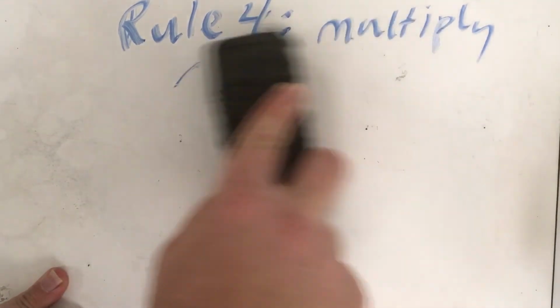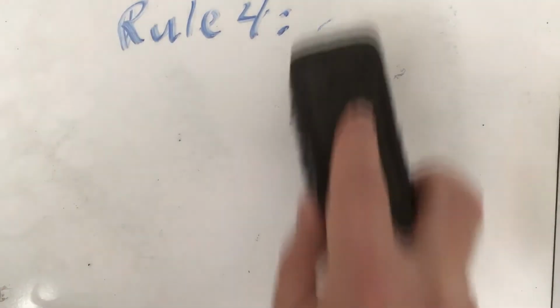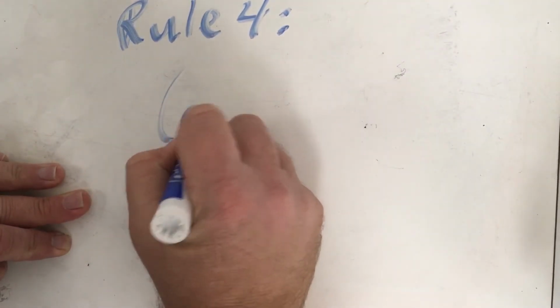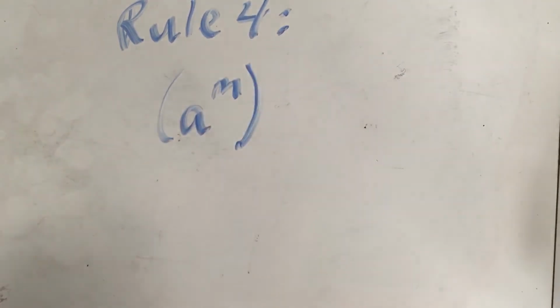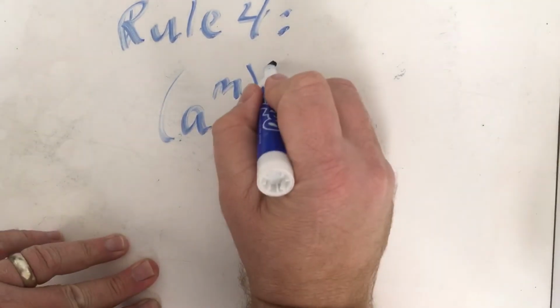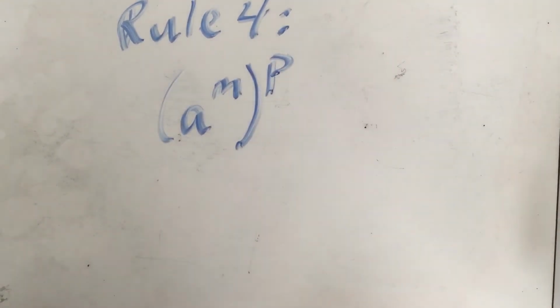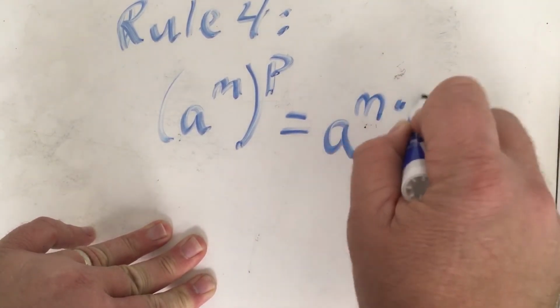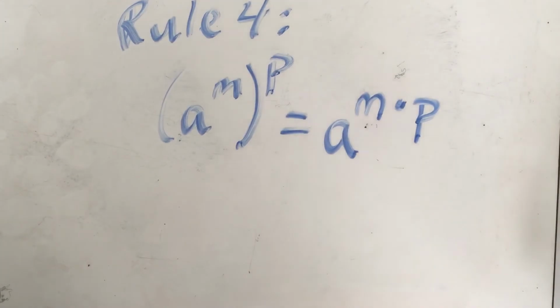So, rule 4, if you have some base raised to a power, raised to another power, the shortcut rule is to keep that base and multiply those exponents.